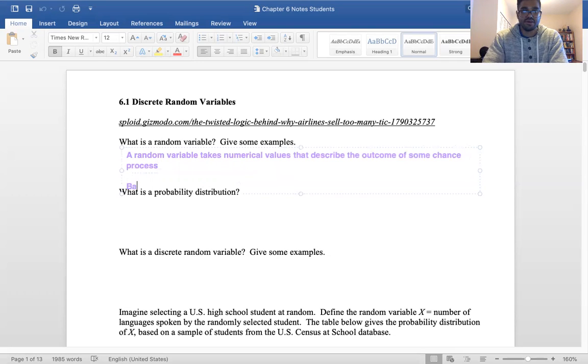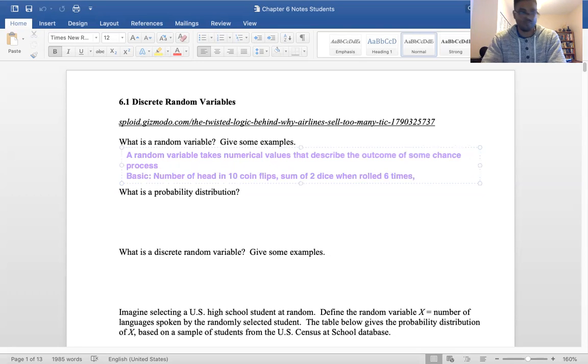So basic, you have, like, the number of heads in 10 coin flips, right? That's a chance process. You could think of the sum of 2 dice when rolled 6 times.